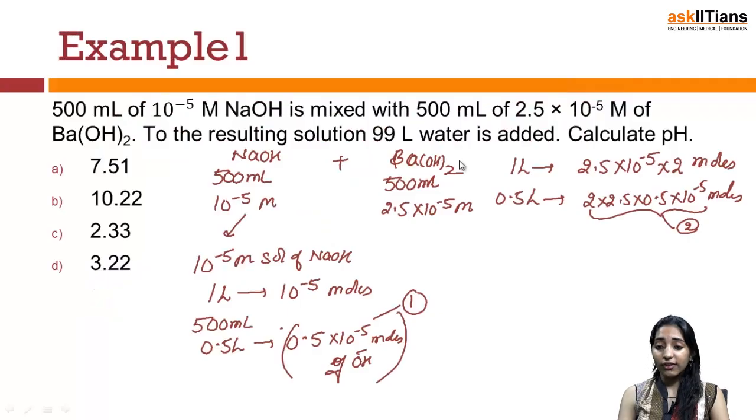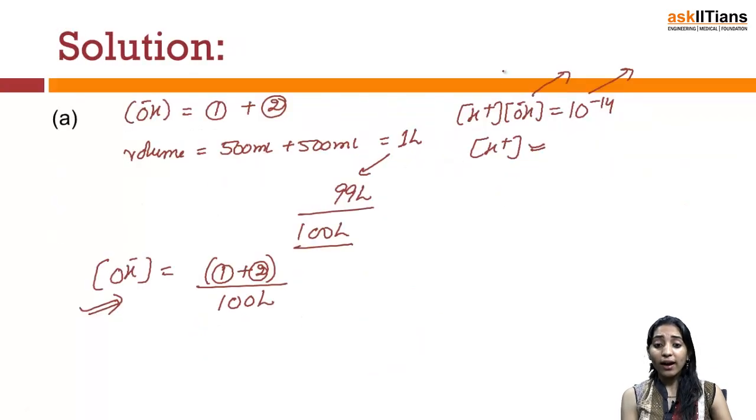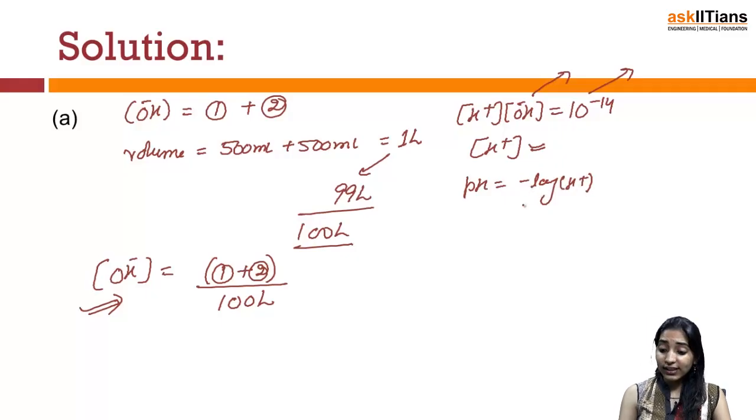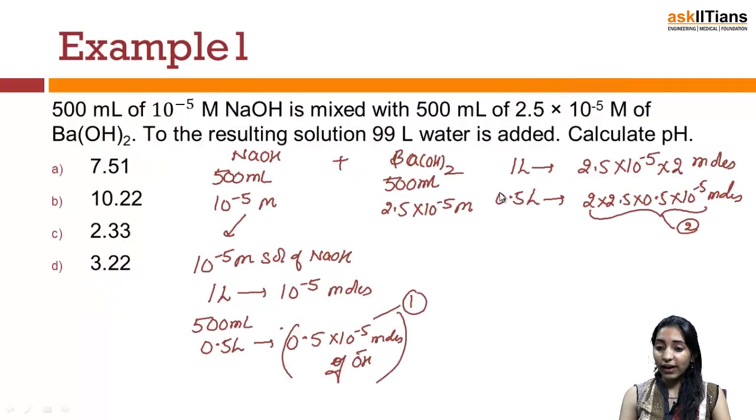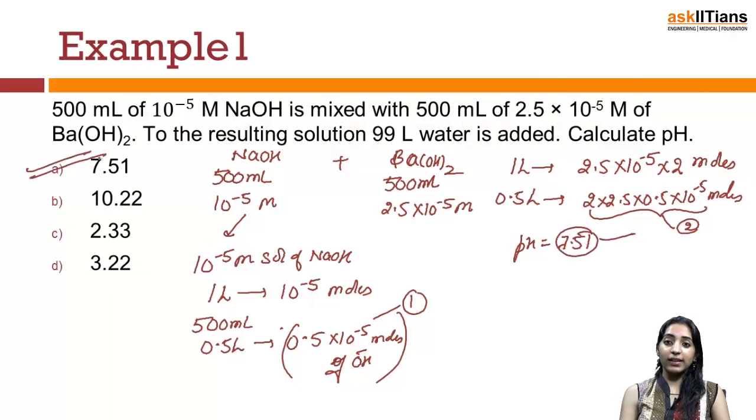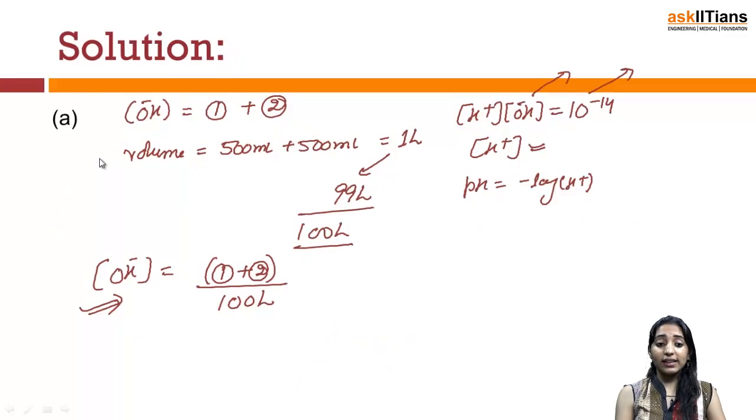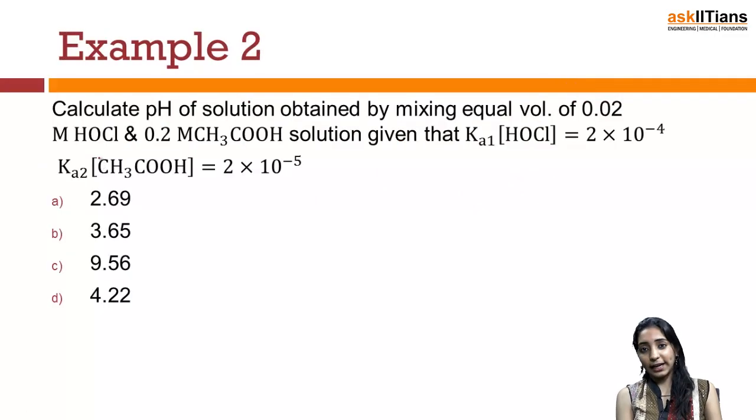Knowing the concentration of H positive, we have to calculate the pH. So pH is minus log of H positive. On solving this equation, we find that the pH of the solution will be nearly 7.51. So we can see the value is given here, option number A. So the correct option for this question is option number A.